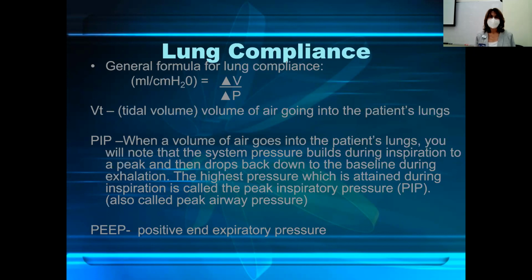The bottom of the equation is the change in pressure as we're pushing that volume into the lungs. So it's volume over pressure. What's a good way for you to remember that volume goes on top, pressure goes on bottom? What's that little triangle represent? Change.